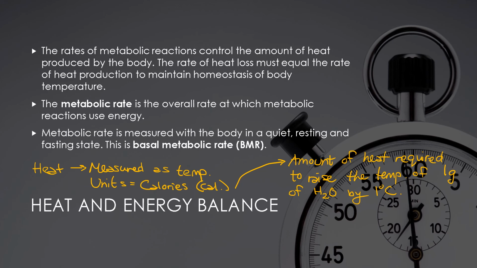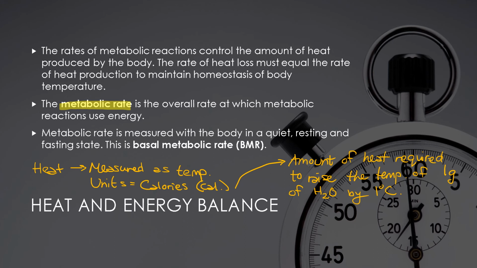The overall rate at which metabolic reactions use energy is called the metabolic rate. So as we've kind of already learned, some of the energy is used to produce ATP, and some of this energy is going to be released as heat.